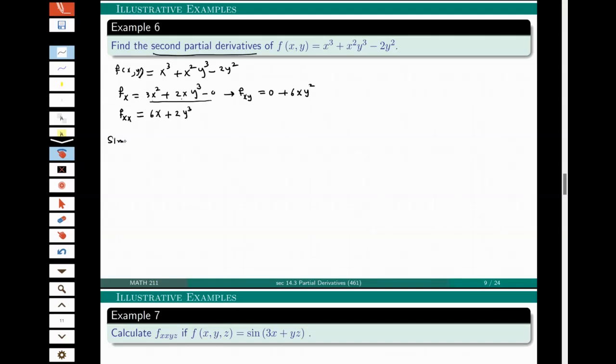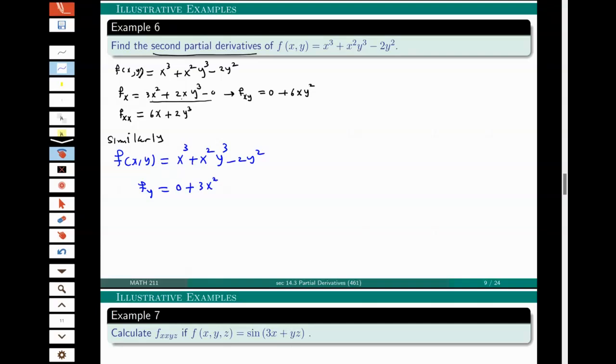Similarly, we can say if I have f of x, y equal to x cubed plus x squared y cubed minus 2y squared, f sub y will equal what? This is 0.